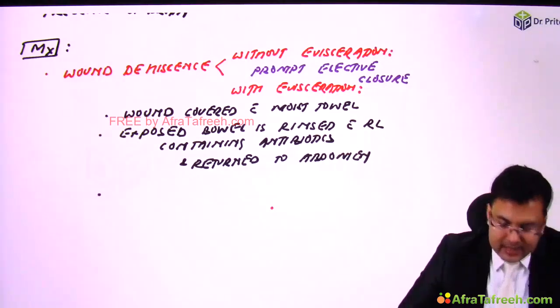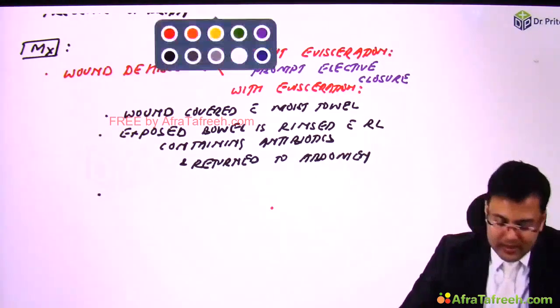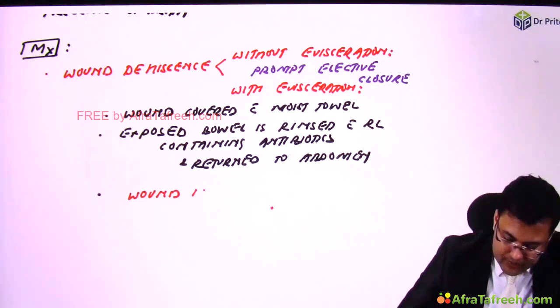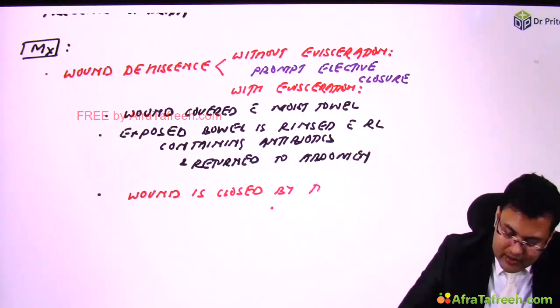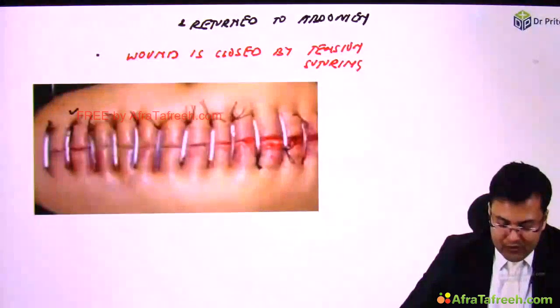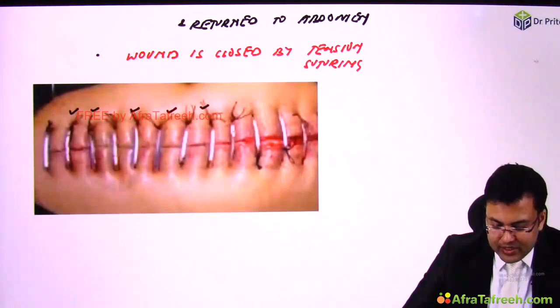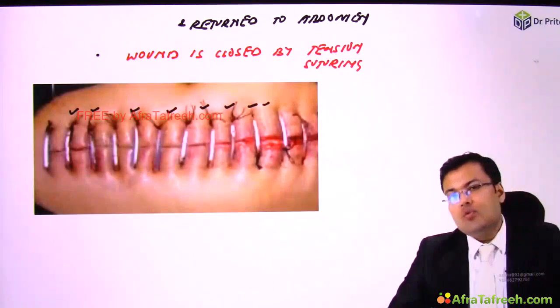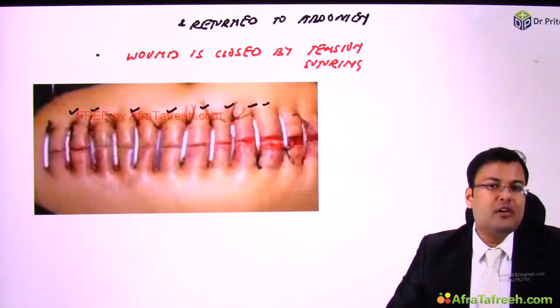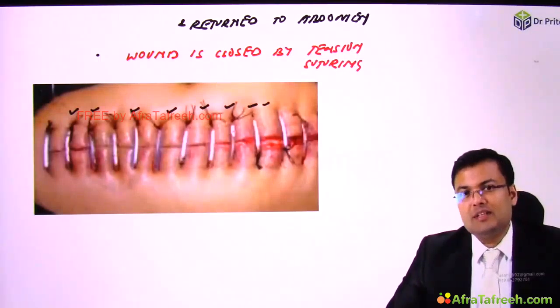And in these cases, how are we going to close the abdomen? Here, the wound is closed by tension suturing. Now here you can see how we perform tension suturing whenever there is wound dehiscence with evisceration. So this is the management of wound dehiscence or burst abdomen.